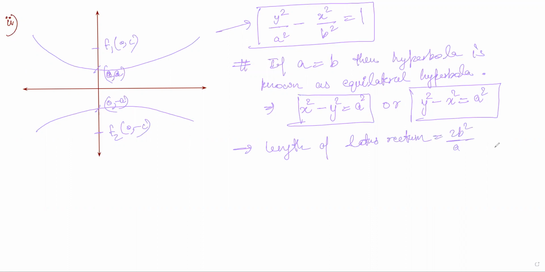It is 2b²/a, same. So just understand where is the transverse axis and where is the conjugate axis, and then decide the values of a and b. If you have two of a, b, and c, the third value you can find out.